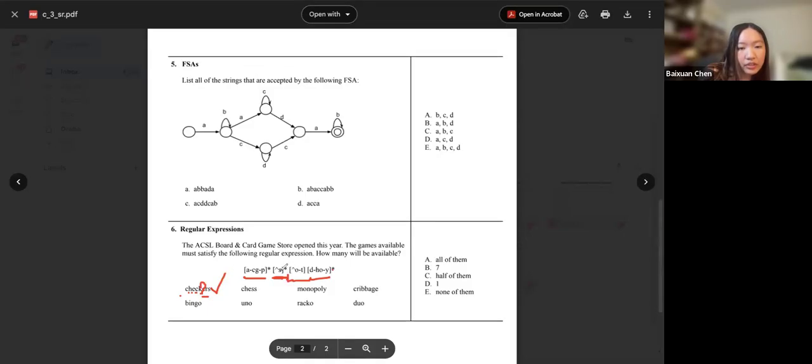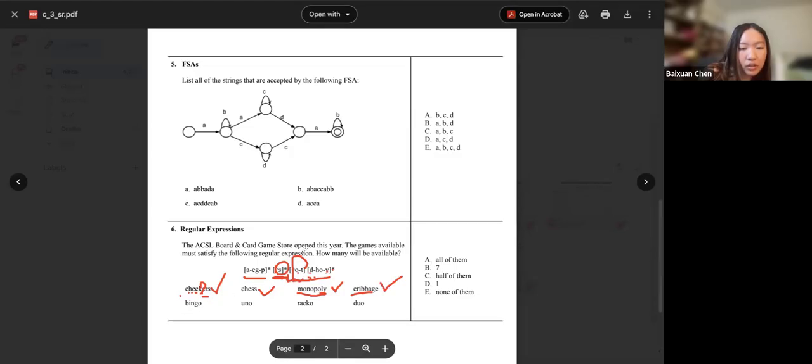Similarly, for chess, C and H can go here. E can go in here because it's not in O through T. And then S and S can go here. And then Monopoly, similarly, we can have M, O, N, O, P, O, L. They are all in not S. And then Y is not in O through T, so it can go here. Cribbage, similarly, C, R, I, B, B, A, G can all go through not S, and then E can be in not O through T, so it works.